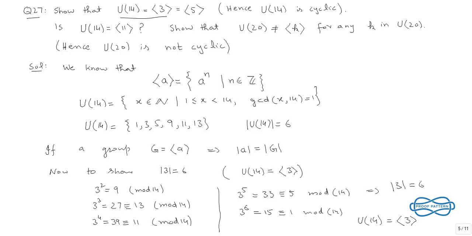Now we have to show that this unitary group under multiplication modulo 14 can be generated by 5 as well. Here we will refer to another result: if a group G is cyclic and generated by a, then G is also generated by a inverse, meaning the group generated by an element and the group generated by its inverse are the same.